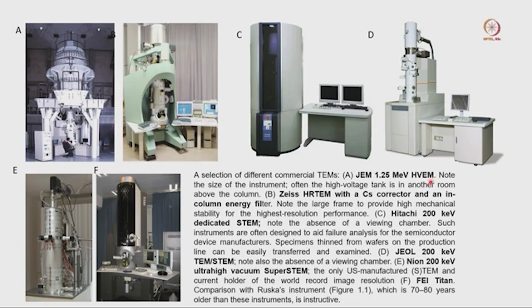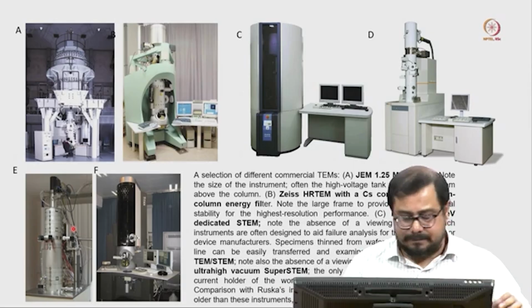Here I am showing you the JEM 1.25 megavolt high voltage electron microscope, where this is the microscope column and this is the high tension tank attached to this microscope. And there are a few more microscopes from Zeiss, Hitachi, as well as JEOL and FEI. So there are different types of microscopes, and they evolved gradually in the last 90 years.